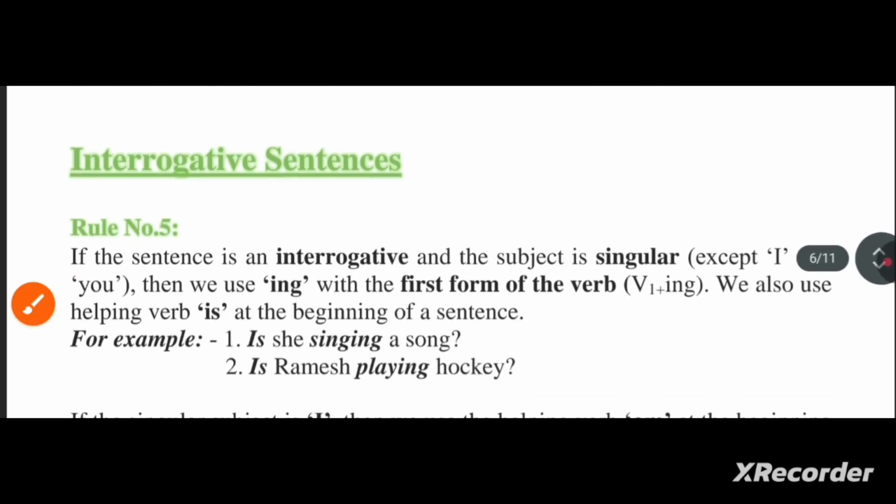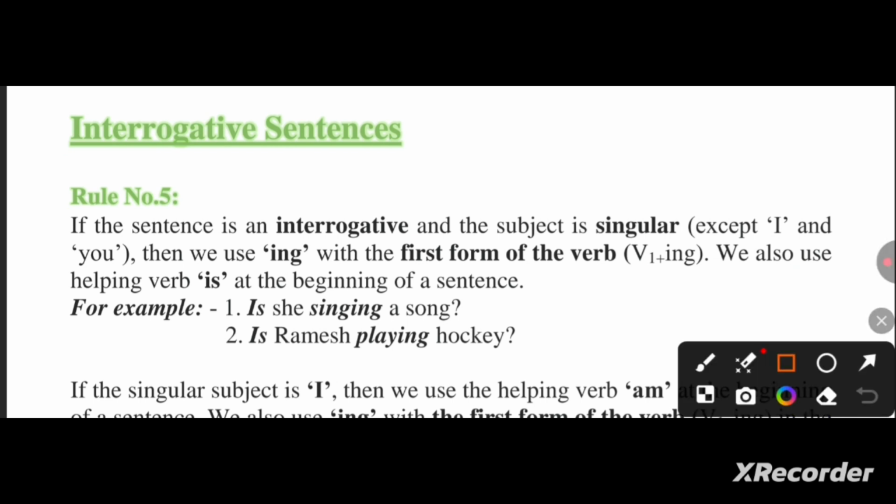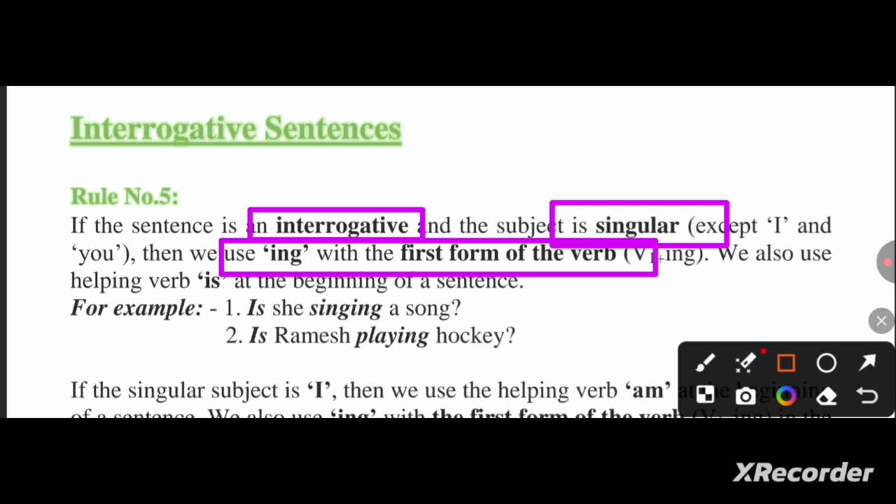Then again we have to keep in mind, if the sentence is an interrogative one and the subject is singular, then we have to use ing with the first form of the verb, and the helping verb is is used before the beginning of a sentence.